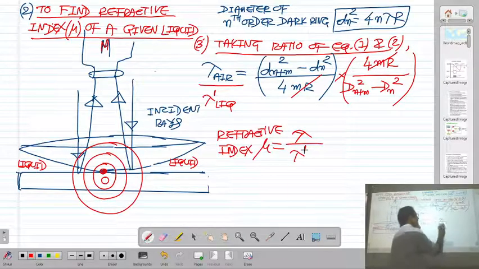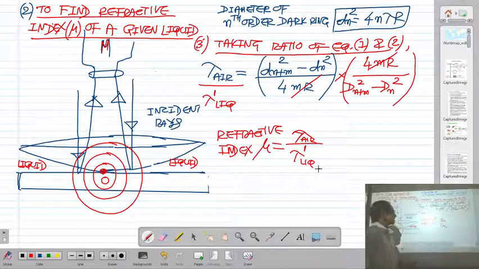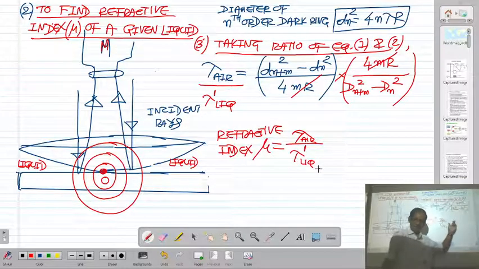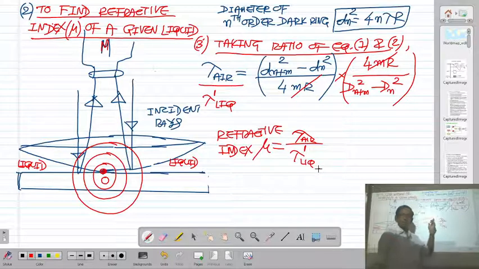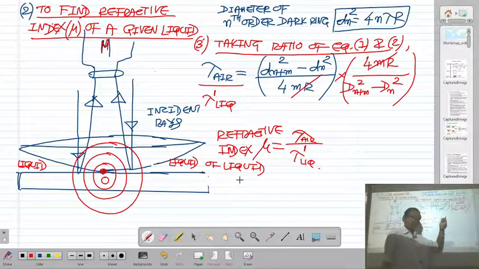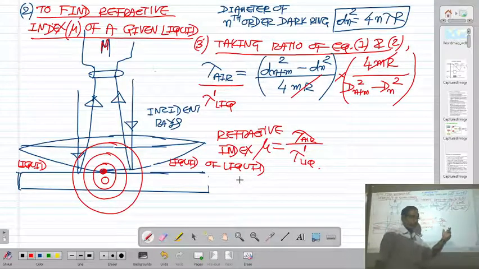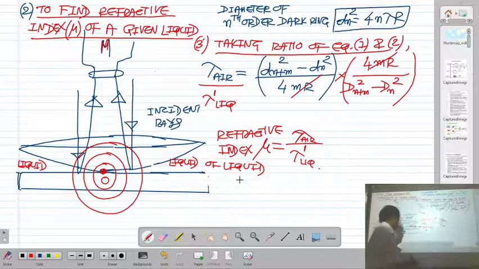So the ratio of wavelength of light in air, lambda air, and wavelength of light in liquid, lambda dash liquid, gives the refractive index of a given liquid, either it is water or glycerin.